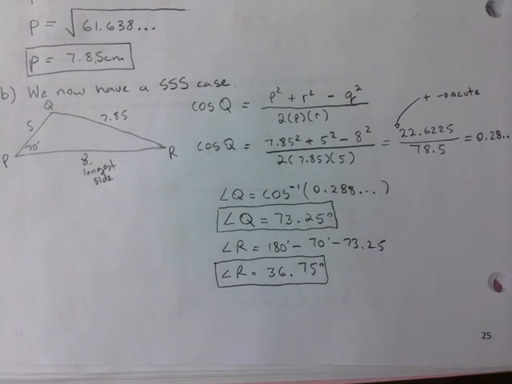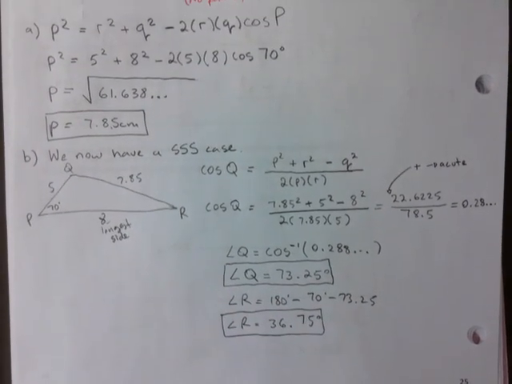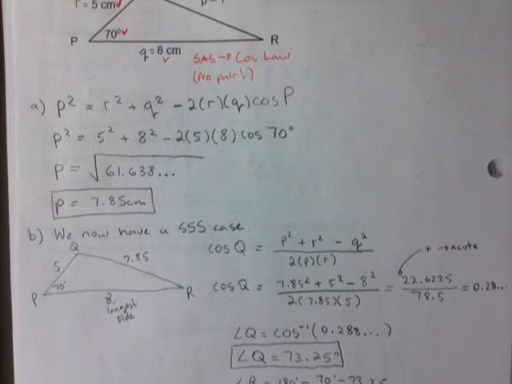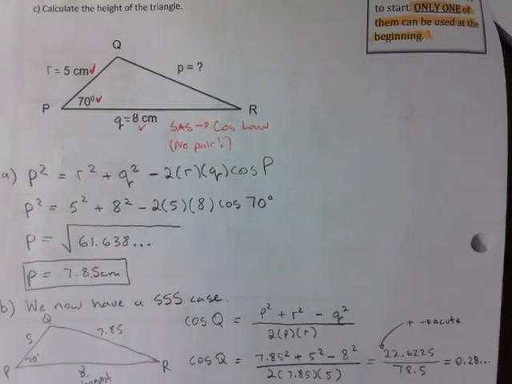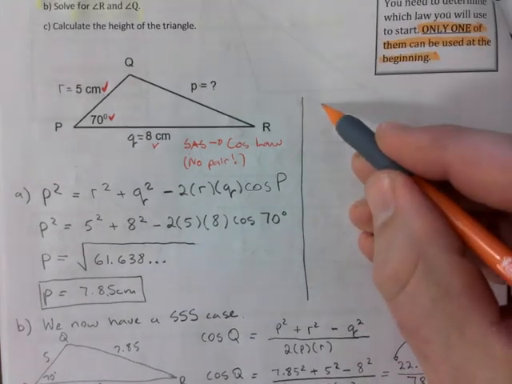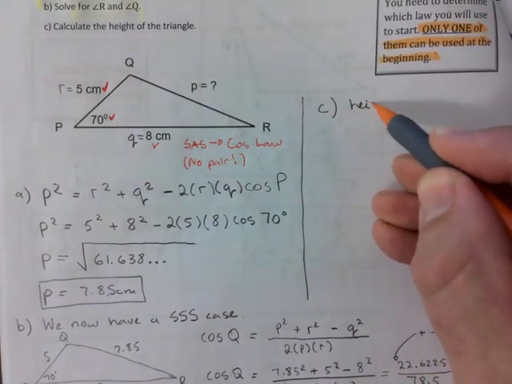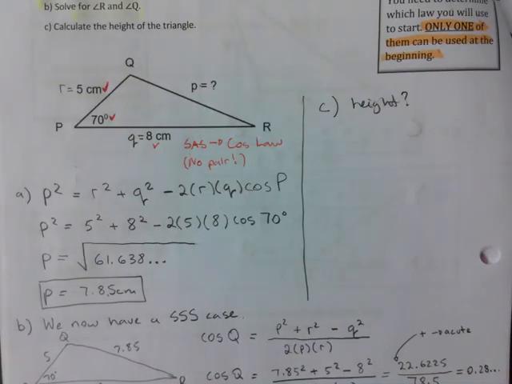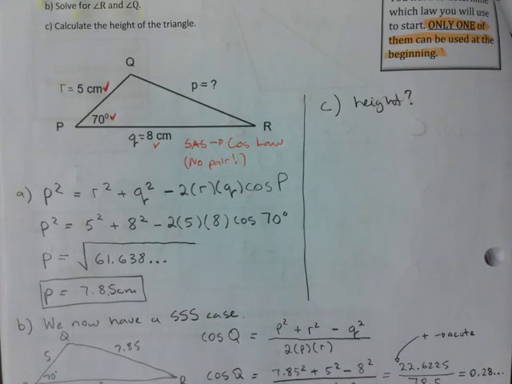How do we find the height of this thing? This is a repeat of yesterday. I'm going to do C right here. That's the height. What do you need for the height of a triangle? You need the slant.